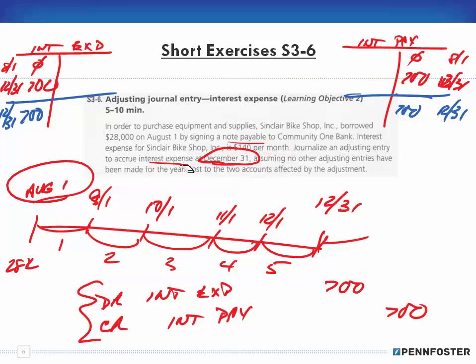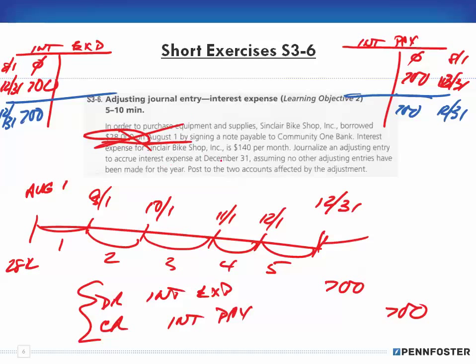So with that problem, as you can see, even though I thought about this $28,000 and showed making the entry because we had borrowed it on the 1st of August, that had nothing to do with solving this problem, because what was being asked was the adjusting entry that needs to be made.